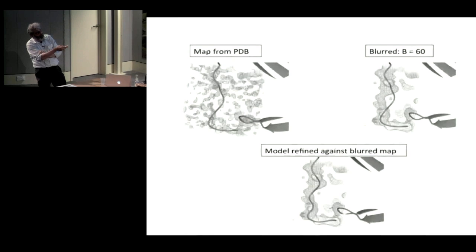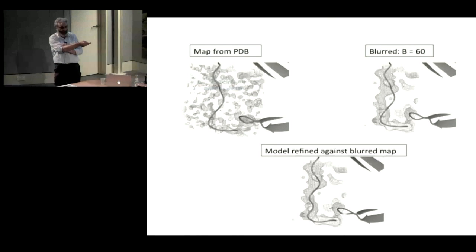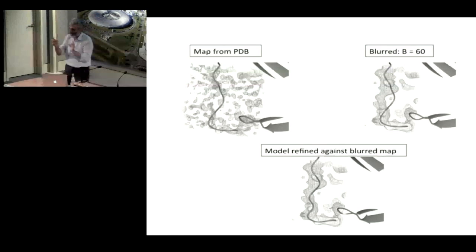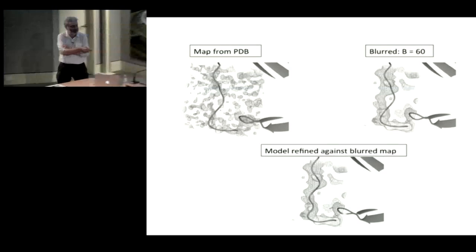But if you sharpen it by a B-value of 60, you immediately see that there is a nice chain going here. And after a few cycles of refinement, in crystallography few is 10, and in cryo-EM few is 100. That is just an order of magnitude difference between them.